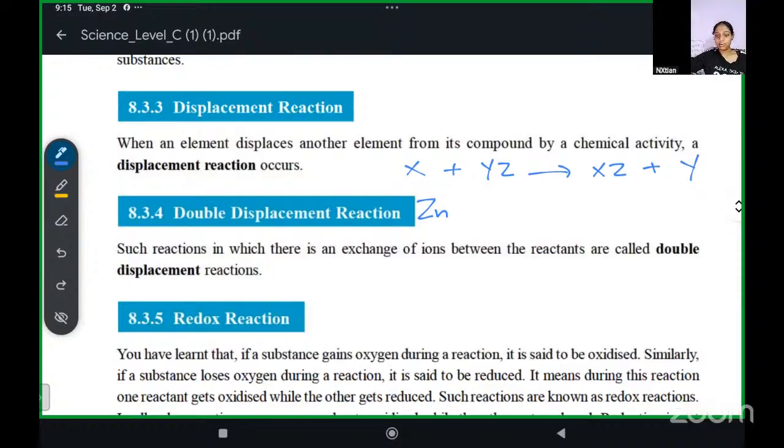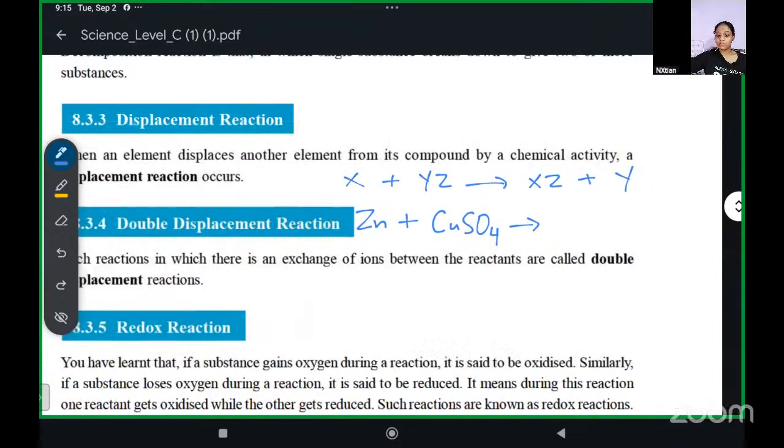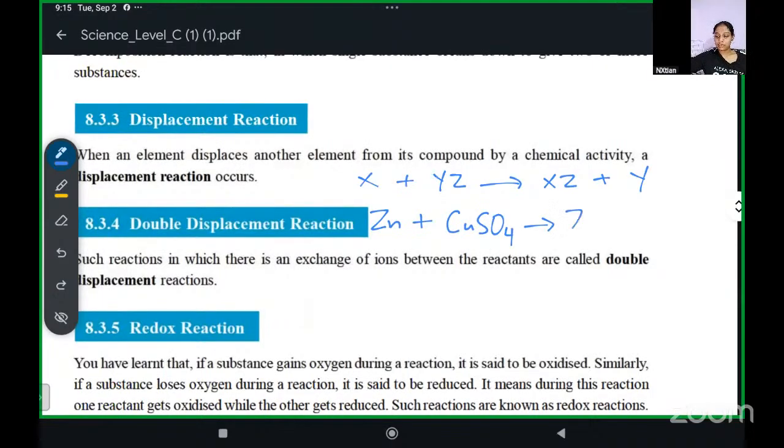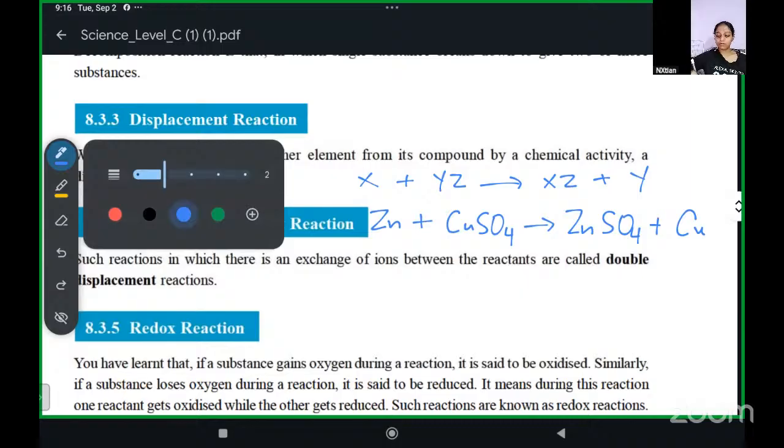Ma'am, now what is redox reaction? CuSO4, you can write down this example if you want. Makes ZnSO4 plus Cu. So in this, tell me which one is the more reactive element. Ma'am, zinc.